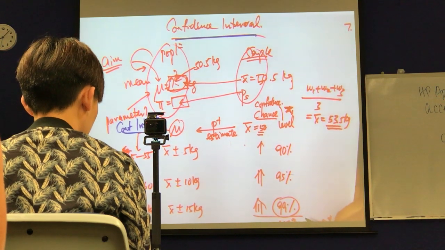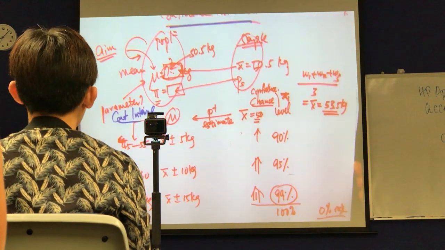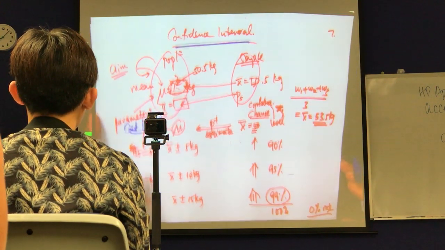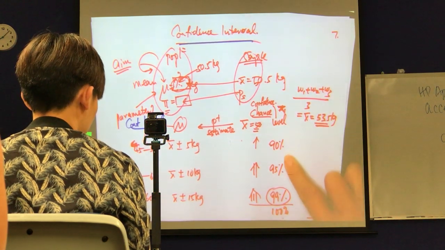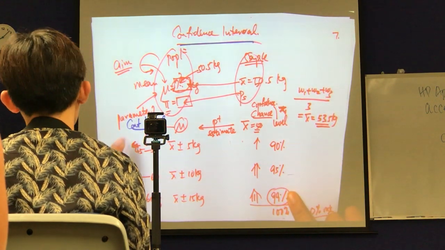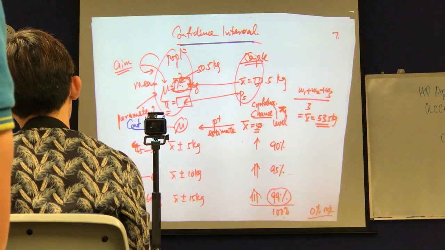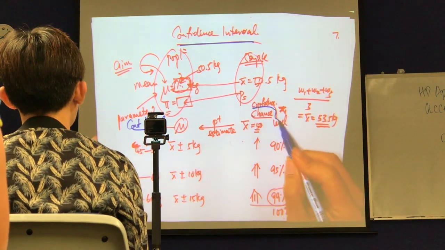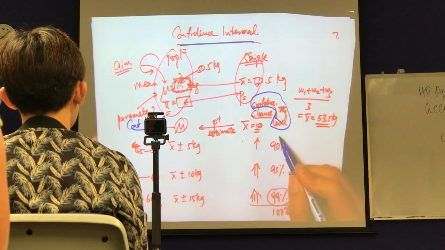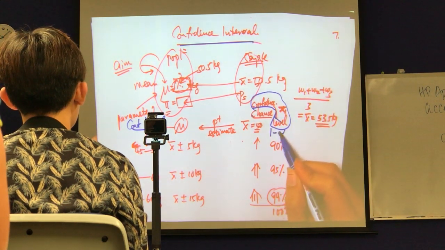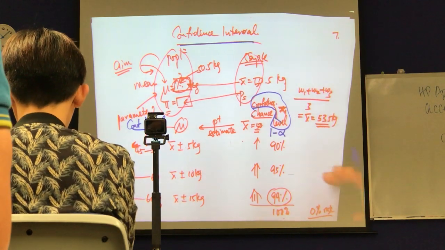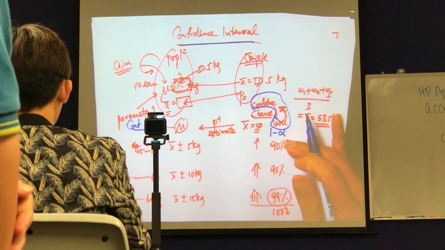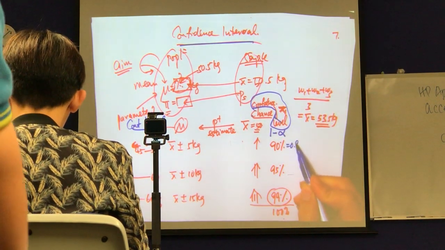As we move up to a higher confidence level, what happens to the confidence interval? Wider or narrower? Wider. This confidence level has another symbol. It's called 1 minus alpha. So remember this, 1 minus alpha represents confidence level.